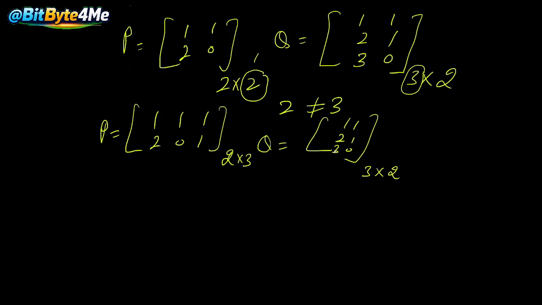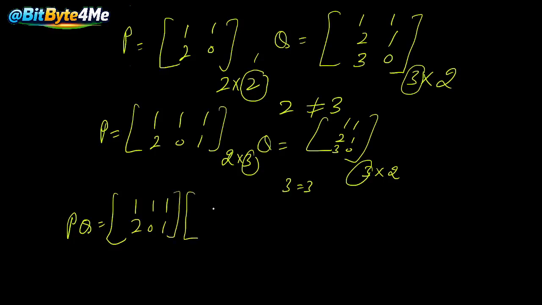So 2 rows and 3 columns, 3 rows and 2 columns. So this is equal to this, 3 is equal to 3. So multiplication is possible.